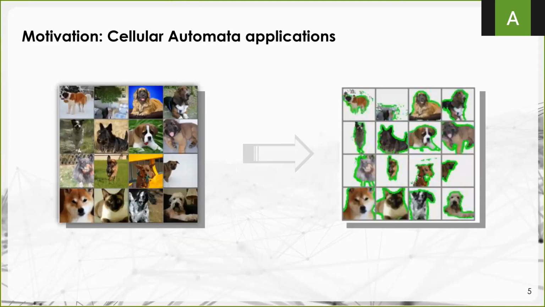Okay, let's move on. Here you can see that cellular automata were also used for solving image segmentation problems, and this article was actually used as the basic idea in our model architecture.